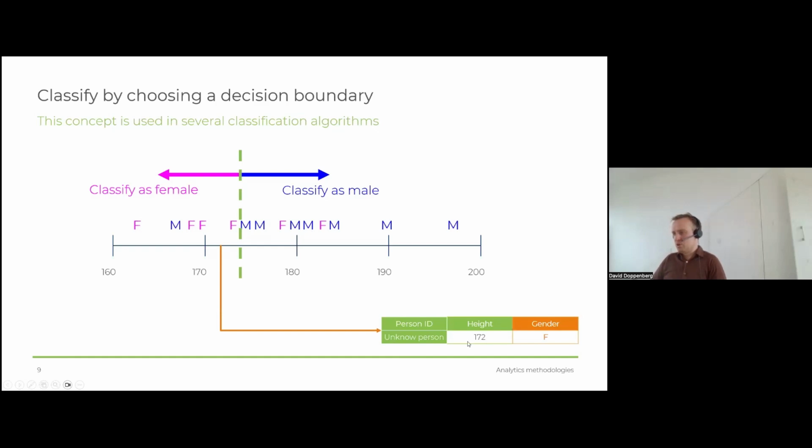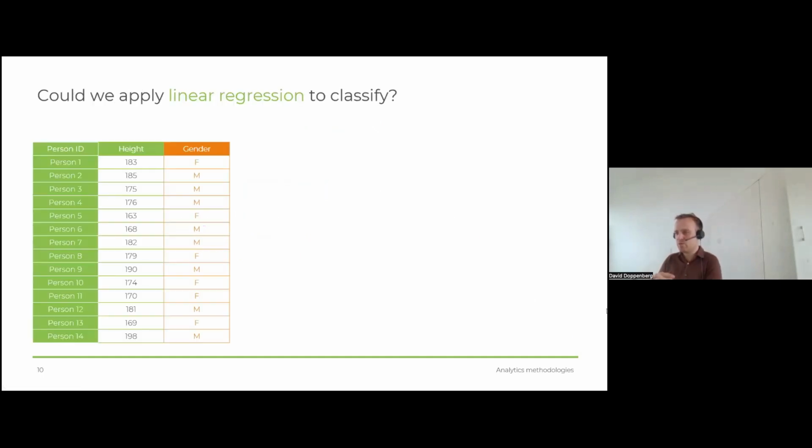The nice thing is we already have a machine learning method that can do it. So the question now is, could we just use linear regression to tackle this problem?